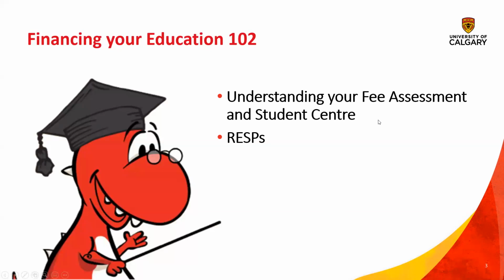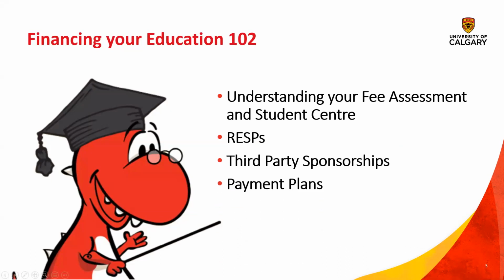And then we'll discuss how to process or collect letters or signatures to pull funds from your RESP, a Registered Education Savings Plan. We'll discuss setting up a third-party sponsorship. And finally, we'll discuss the payment plans and your options for making payment for these fees.